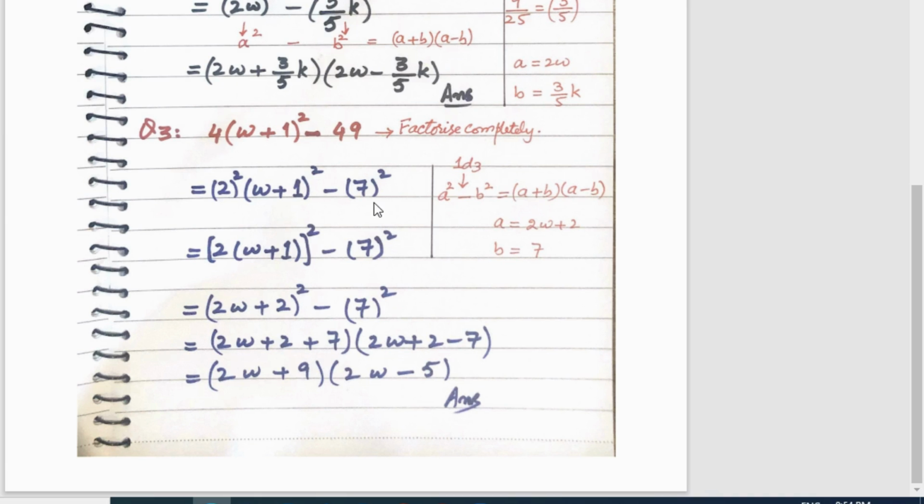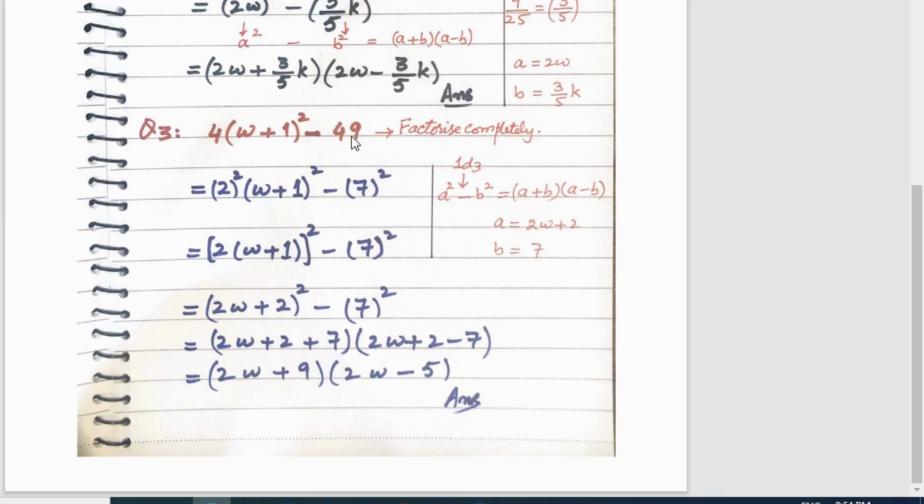You should learn with the help of tables all the perfect squares. That is, 7 sevens are 49, 8 eights are 64, 9 nines are 81, 11 elevens are 121, and so on. Till the table of 20, you should learn all the numbers which are perfect squares of some given number.